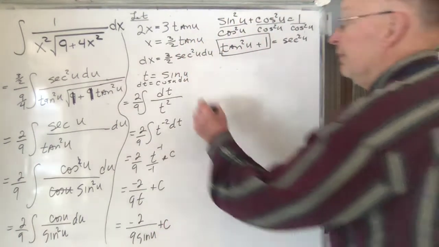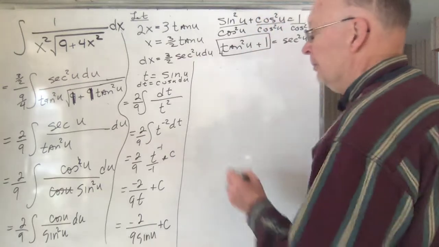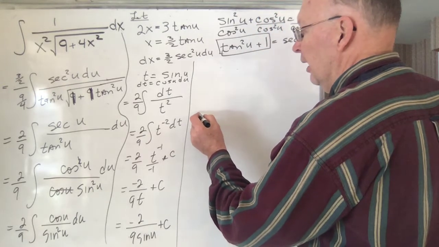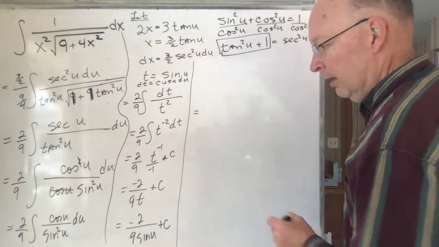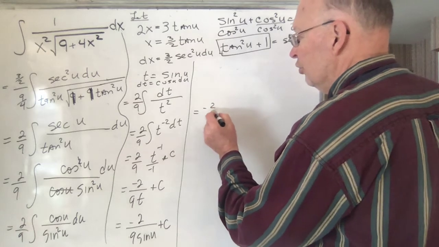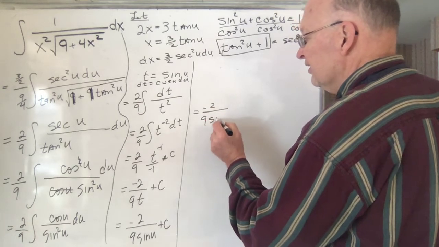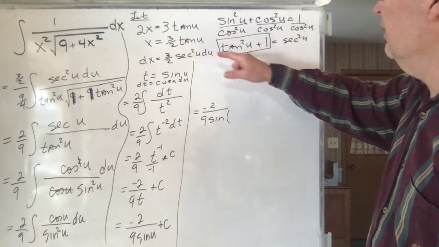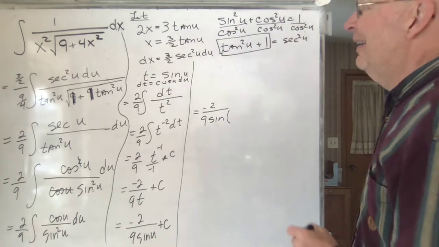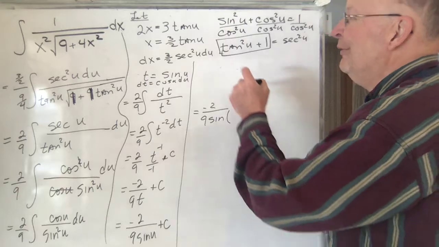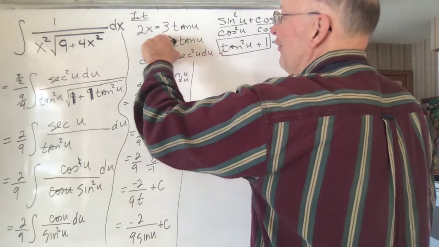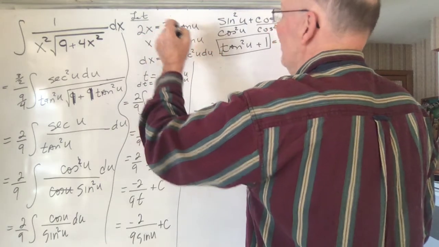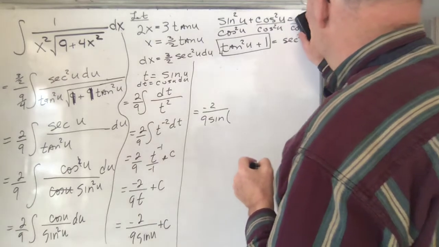Equals negative 2 over 9 sine of, what is u? Well, how do we find u? We first bring this over, and I'm just going to have to erase this.